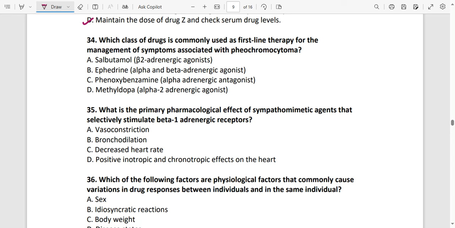So you want a drug that is basically going to act on the adrenal gland. Salbutamol, beta 2; epinephrine, alpha and beta adrenergic agonists; phenoxybenzamine, alpha adrenergic; methyldopa, alpha 2. Anyone that can help?